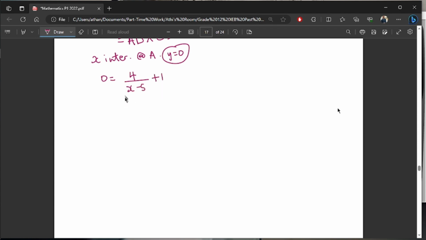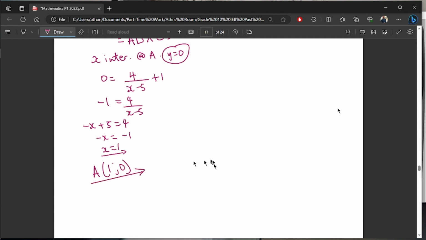Then we try to find the value of x. 1 goes that side, so negative 1 is equal to 4 all divided by x minus 5. Cross multiplication: negative x plus 5 equals 4. Then we take 5 to the other side, it's going to be negative 1. That means x is positive 1. At A, these are the coordinates that we have. A is (1, 0).